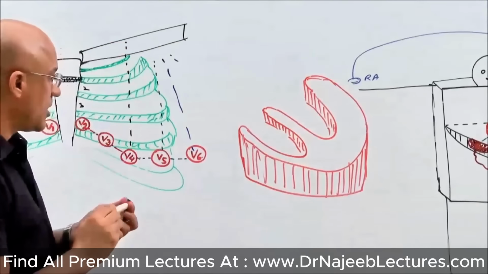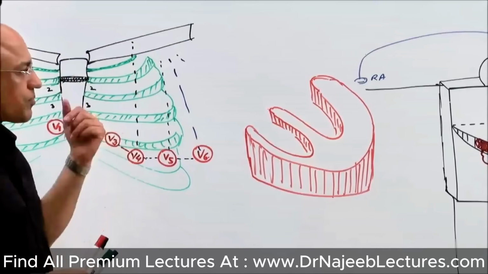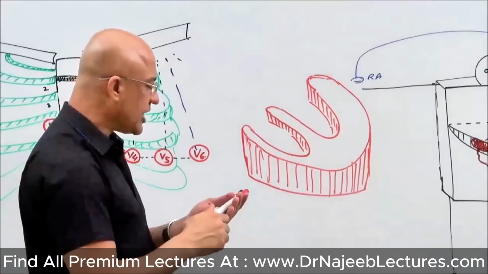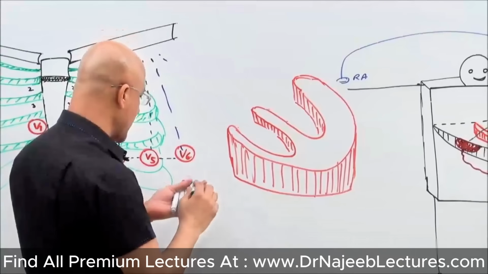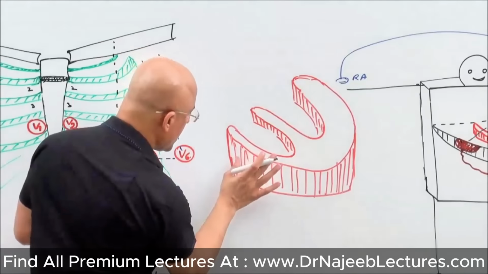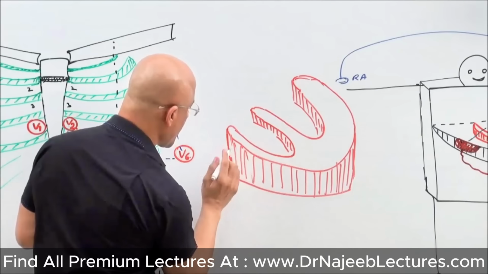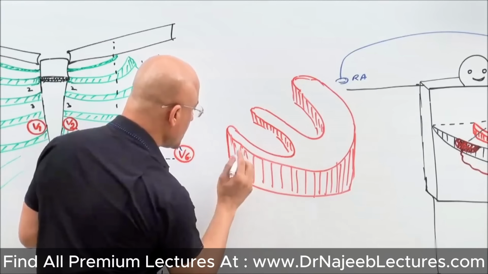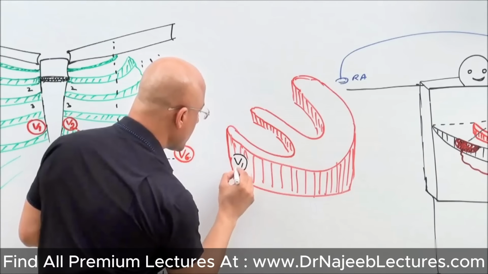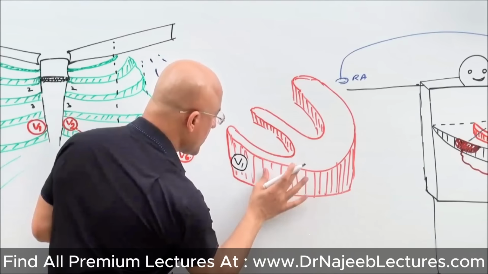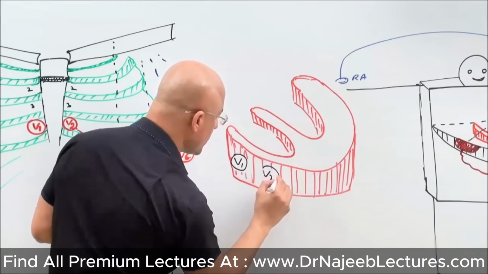Now, if we place the chest leads, how will they be placed? I will put it with the black color. Here is V1 position. Here is V2 position.